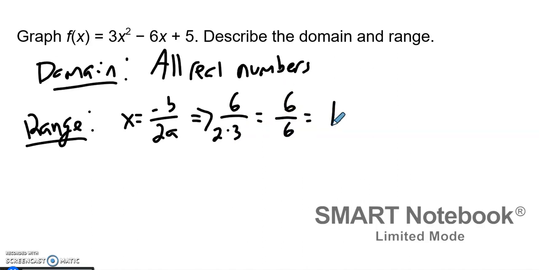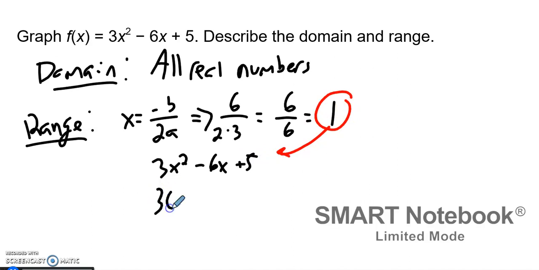But now I need to use that value of 1 and plug it into the equation to find the y value. So we have 3x squared minus 6x plus 5. We plug this 1 in for x. Sorry, let me just jot it down first, that way I can save some time.